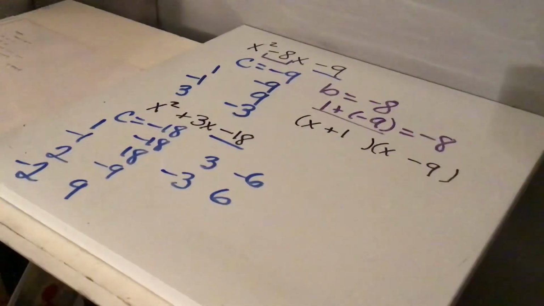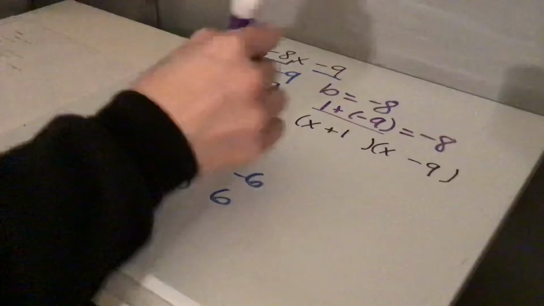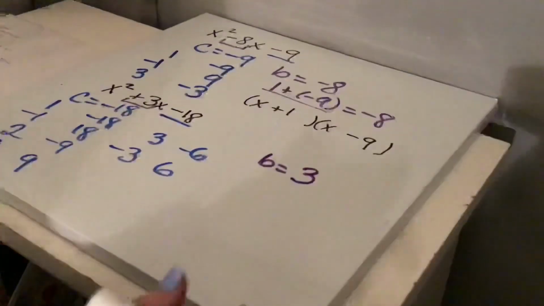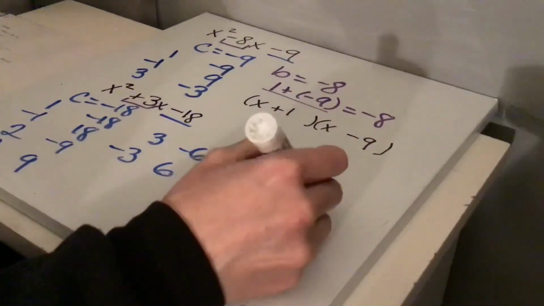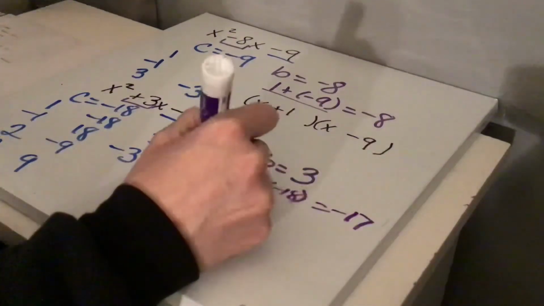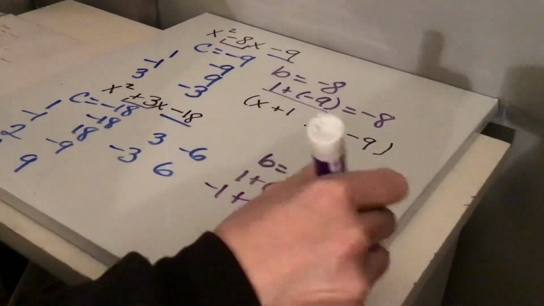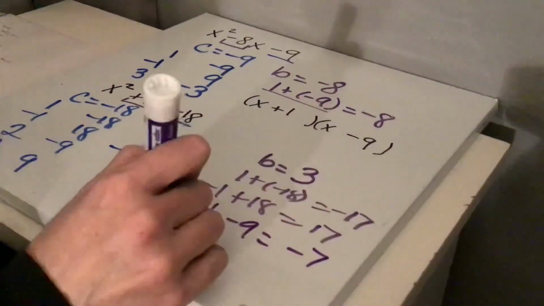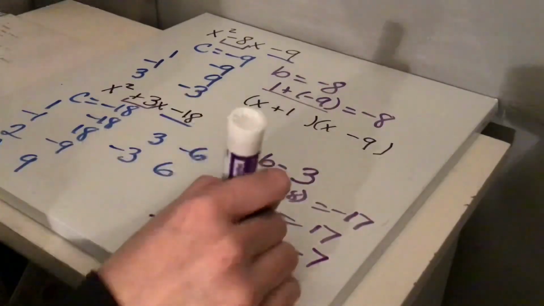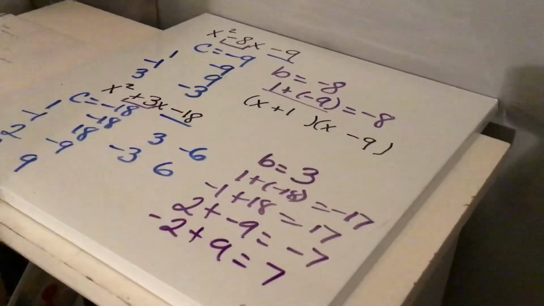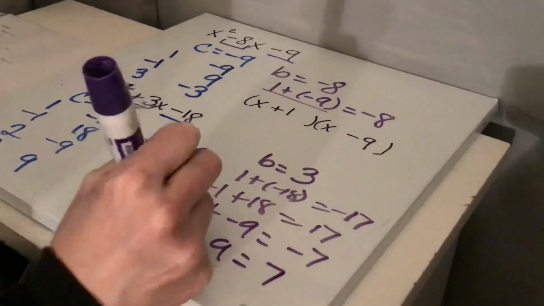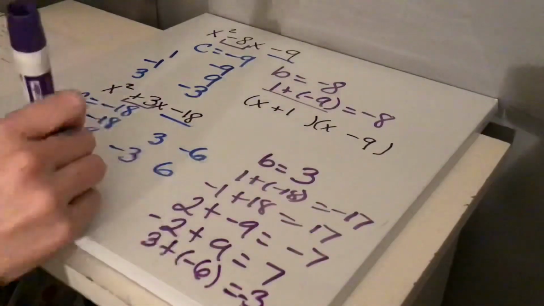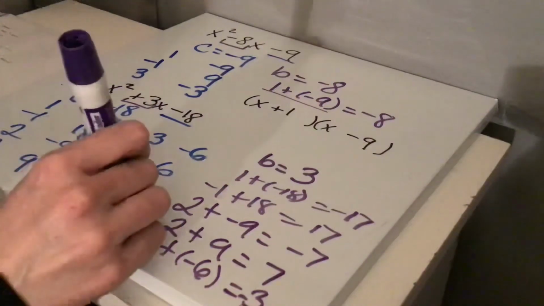Then we're going to check which one of those add up to positive 3. So 1 plus negative 18, negative 1 plus 18, 2 plus negative 9, negative 2 plus 9, not working. 3 plus negative 6 is negative 3, so then negative 3 plus 6 is what we want.